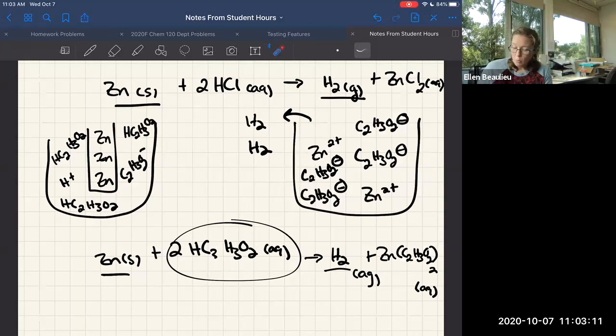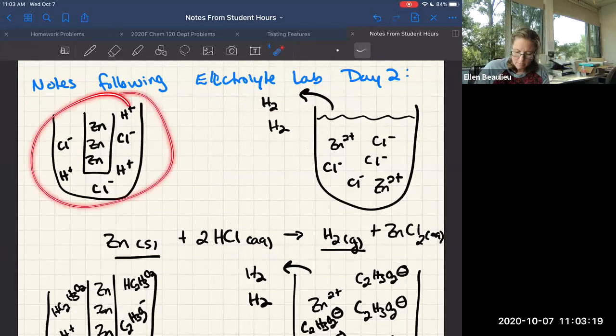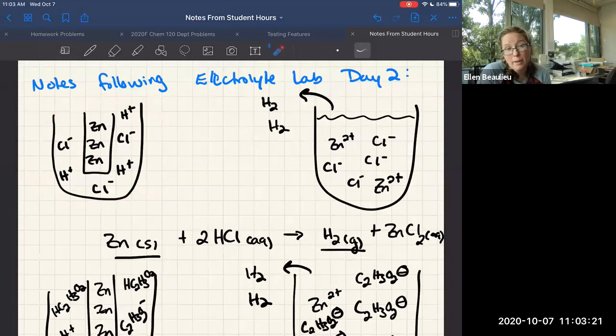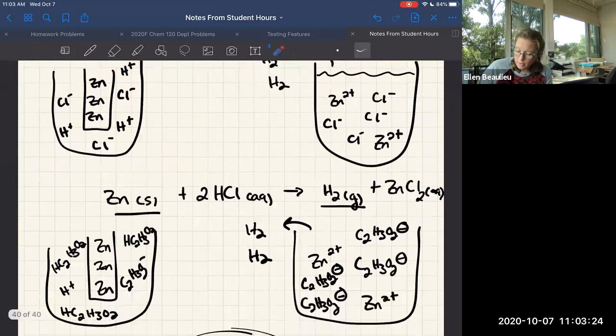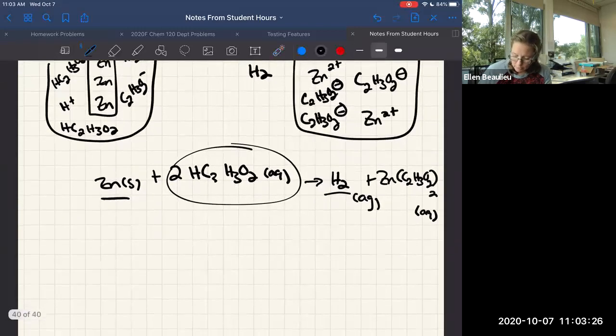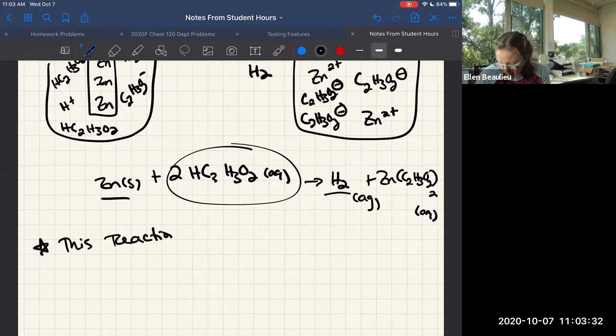Now, what you did observe experimentally, and what is certainly true, is that this reaction goes a whole lot slower than this reaction. And you were asked to explain why. And what I really wanted to see in your explanations was some description of this reaction needing H plus to meet the metal surface.